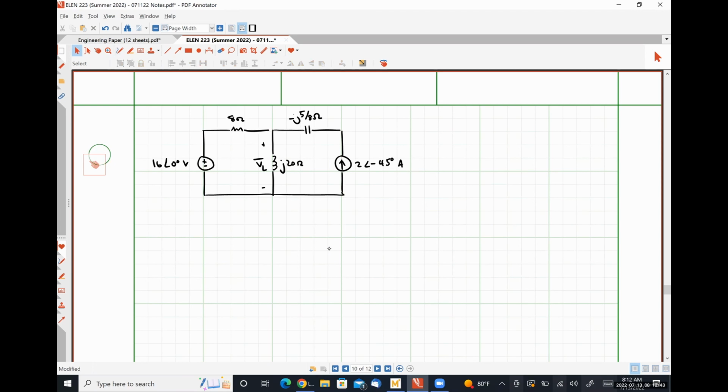So here's my circuit. I am going to do a modified nodal analysis, which we have not yet done. Okay. So I'm going to assume that this node is my ground. I'm going to put this in quotes as nodal.